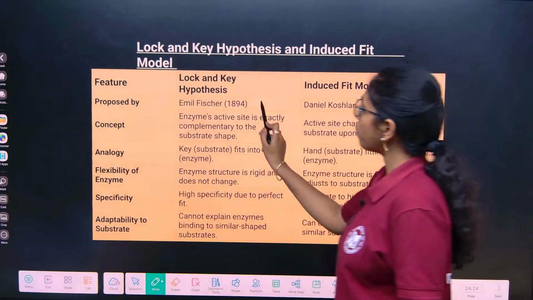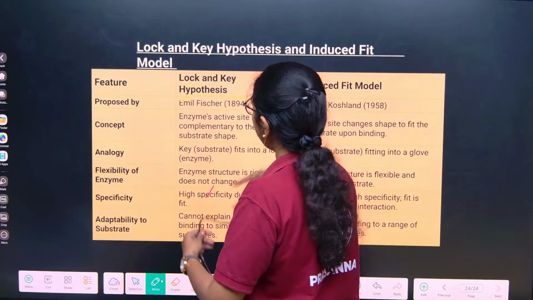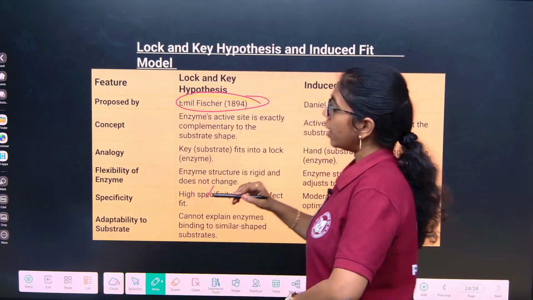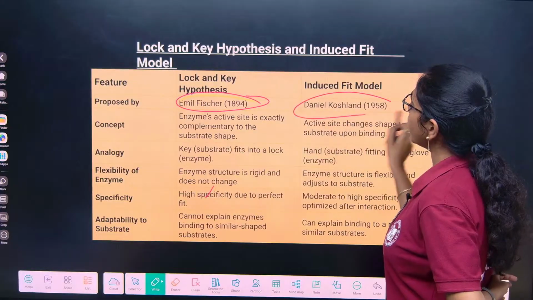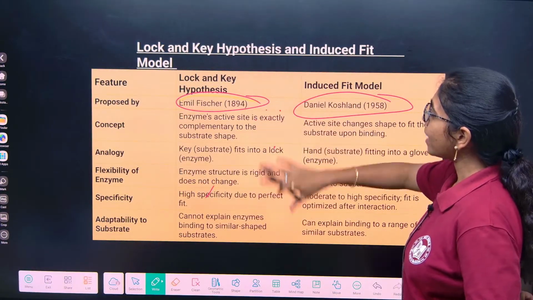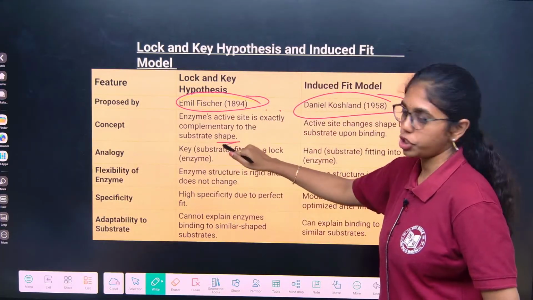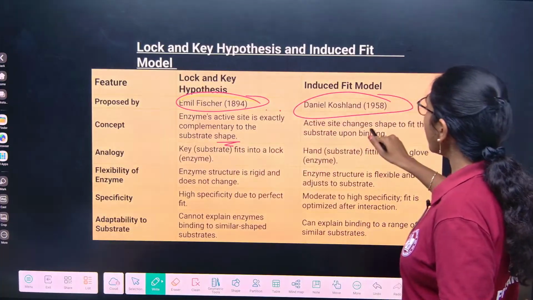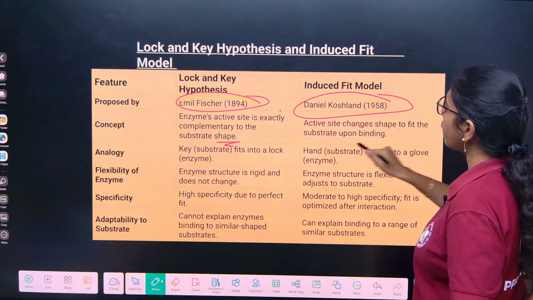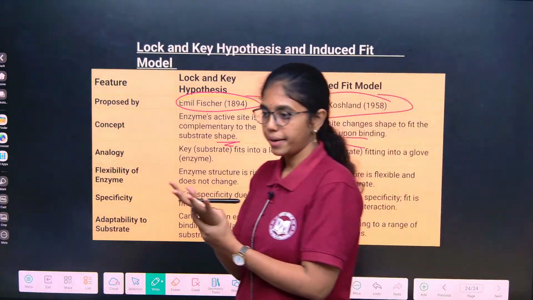First, this is proposed by Emil Fischer. Next, this is proposed by Daniel Koshland. What is the actual concept over here? The enzyme's active site is exactly complementary to the substrate shape. But here the active site changes its shape to fit the substrate, like how a glove fits onto the hand.